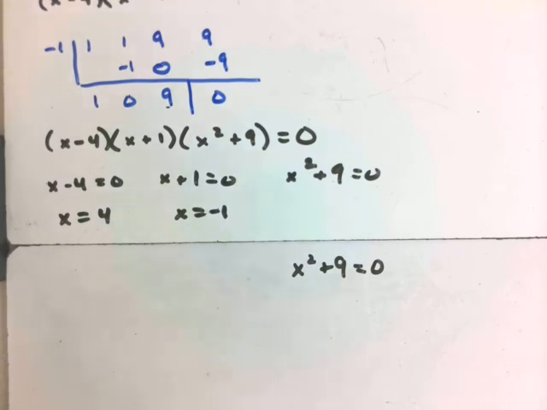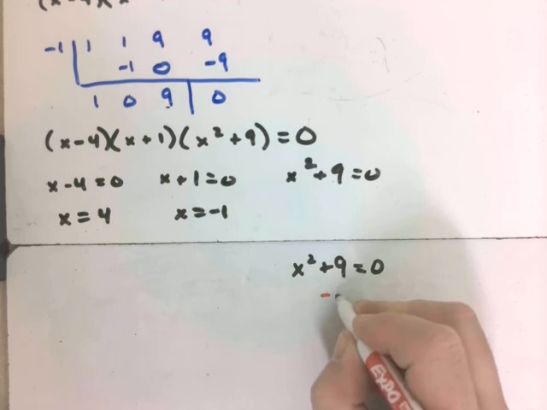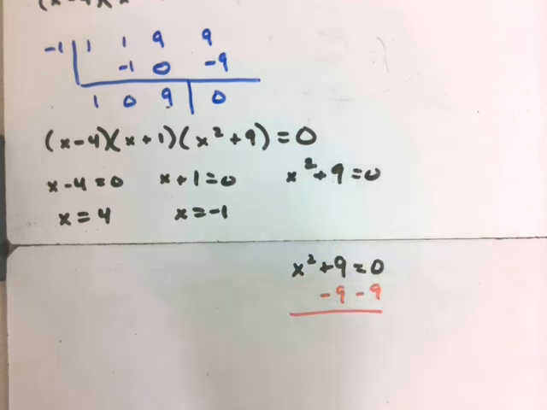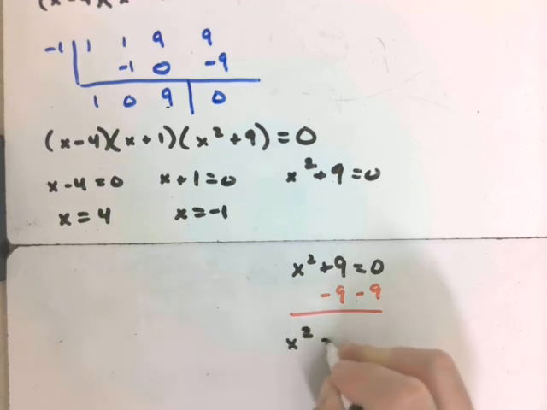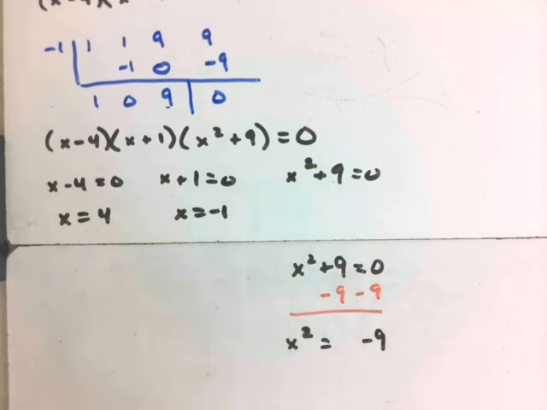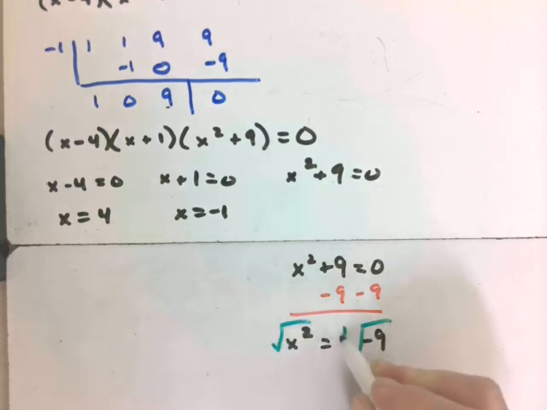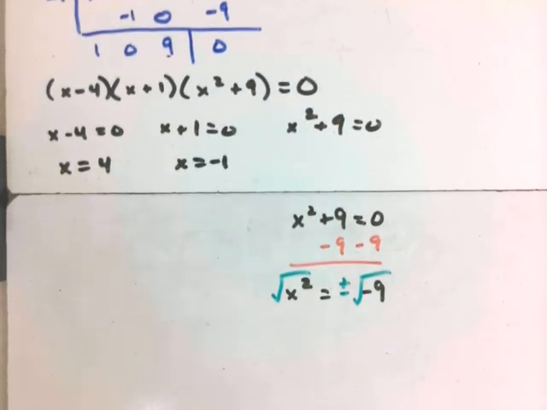we could solve this directly because we only have one term with an x, and it happens to be an x squared. So let me go through, and I'm going to subtract 9 on both sides. That would give me x squared is equal to -9. In my next step, I want to get rid of the squared, so I would do the square root. Remember that when you do the square root, you can't forget the plus or minus.